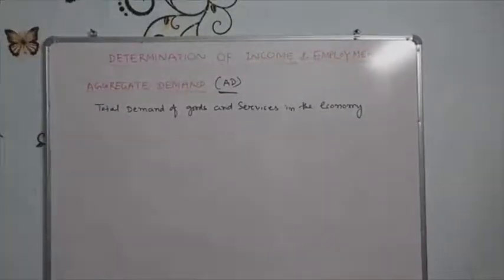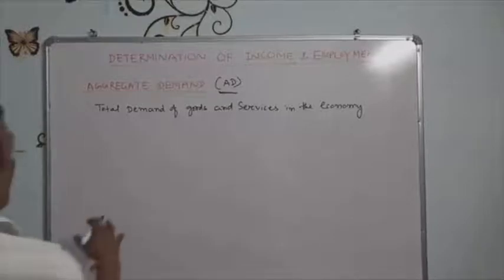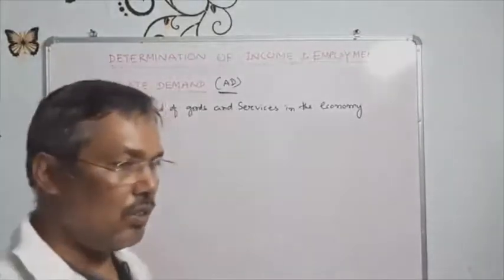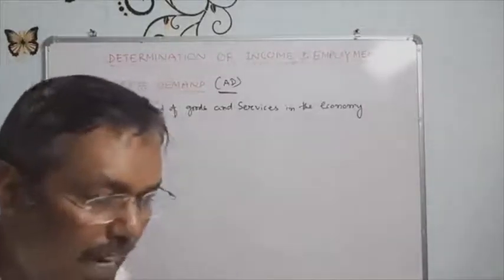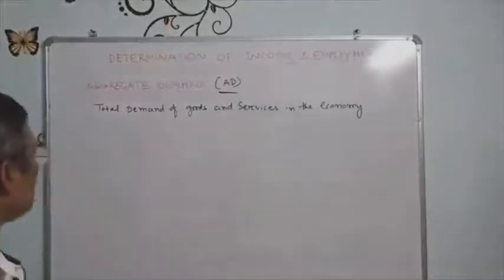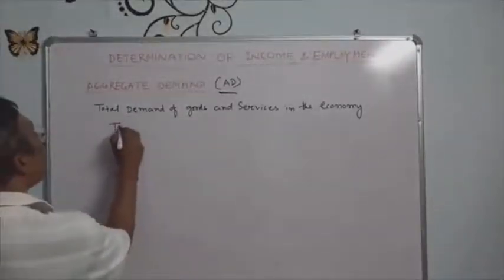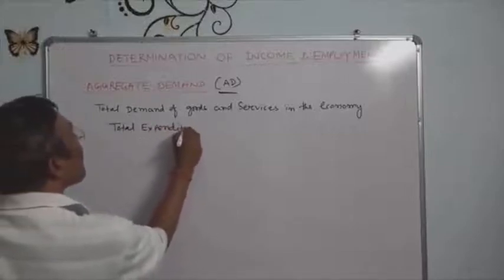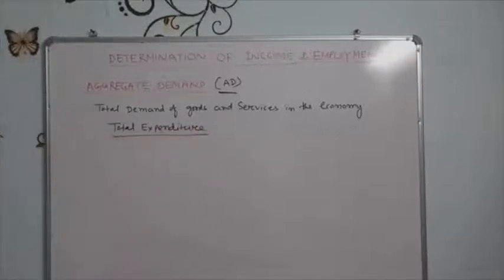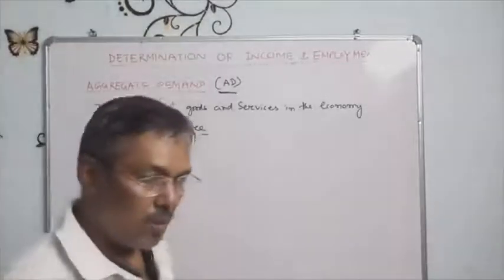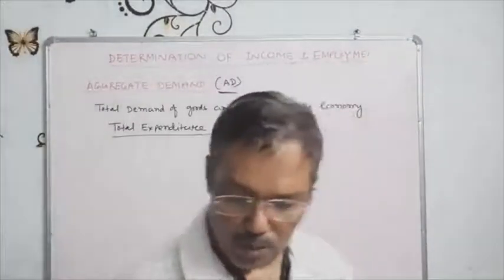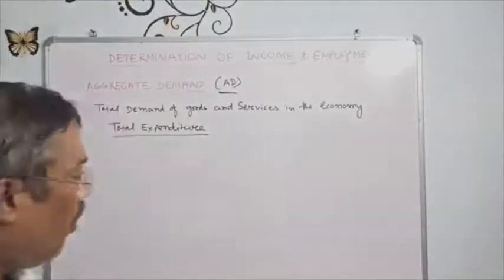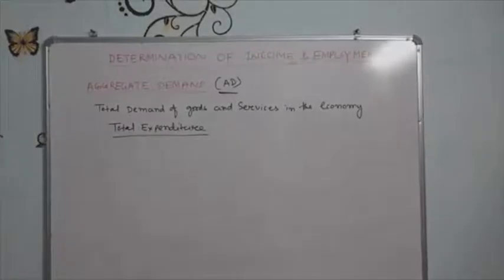It means the people who intend to spend their income, that is called the total expenditure. The money that people want to spend on final goods and services is the aggregate expenditure.